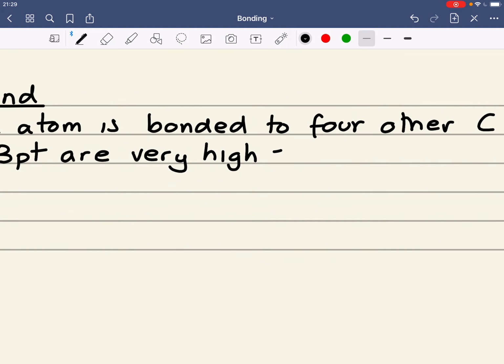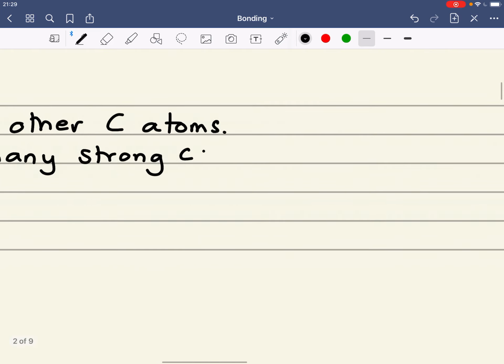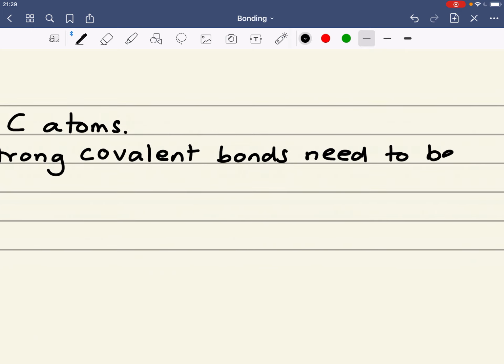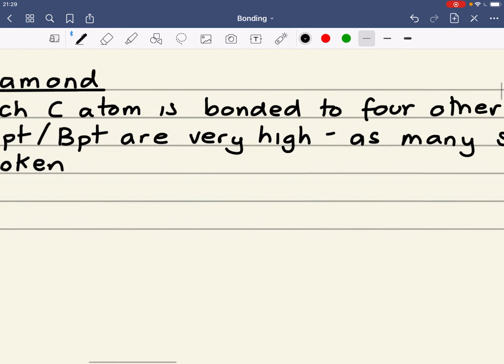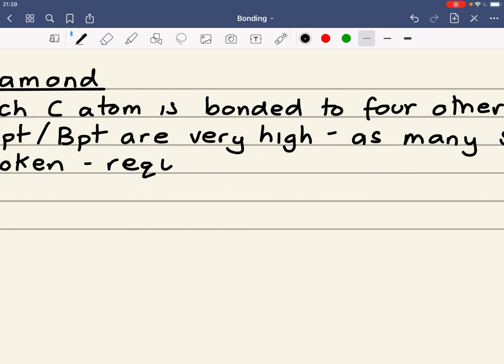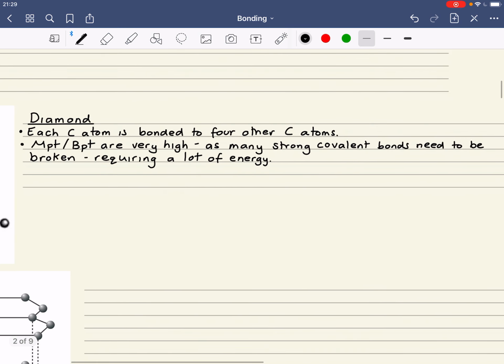As many strong covalent bonds need to be broken, requiring a lot of energy. So that is the first physical property.